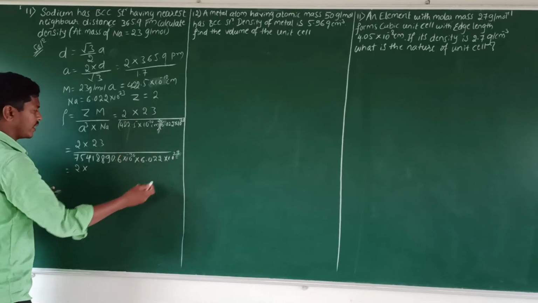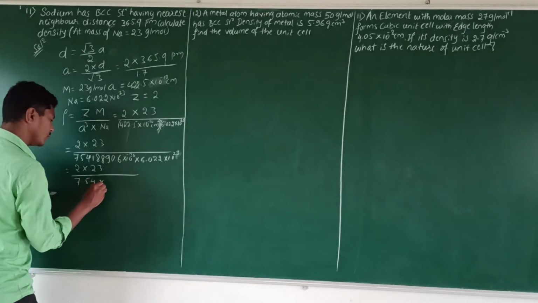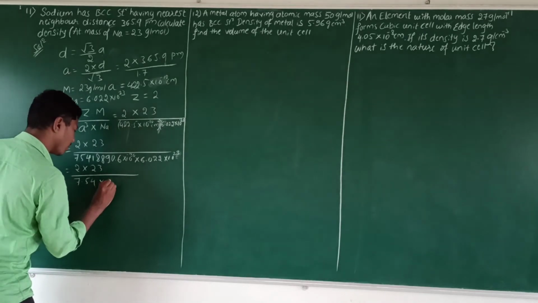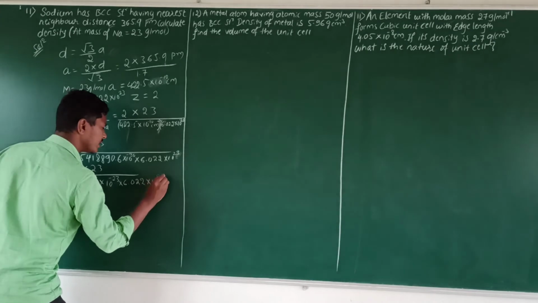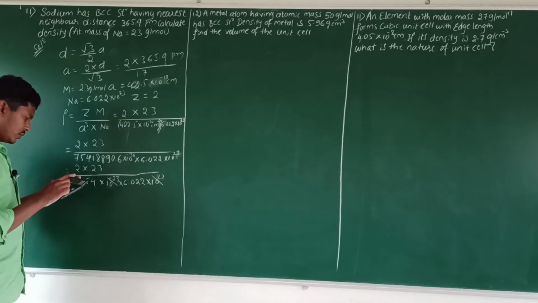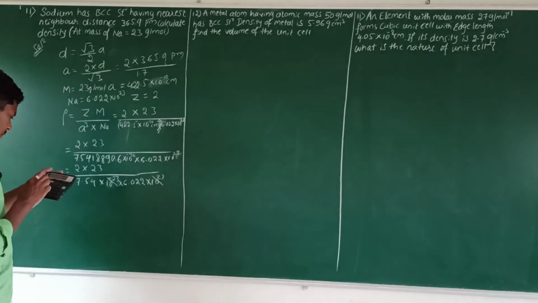This is a plus 23, so the 23s get cancelled. 2 into 23 divided by 7.54 divided by 6.022.